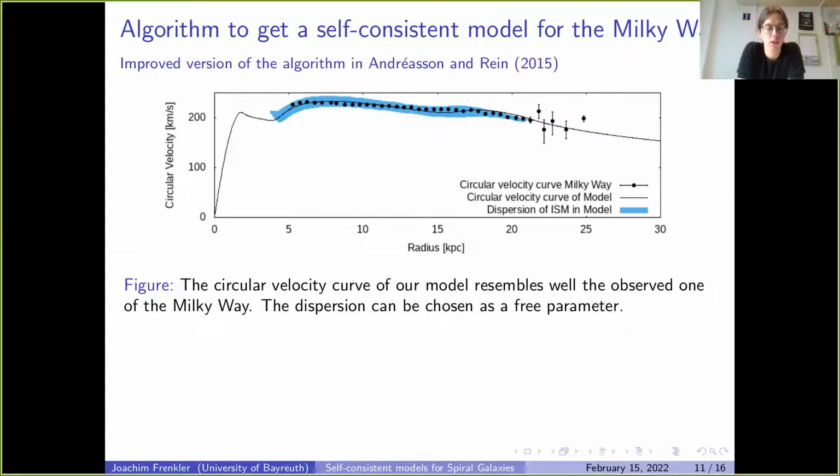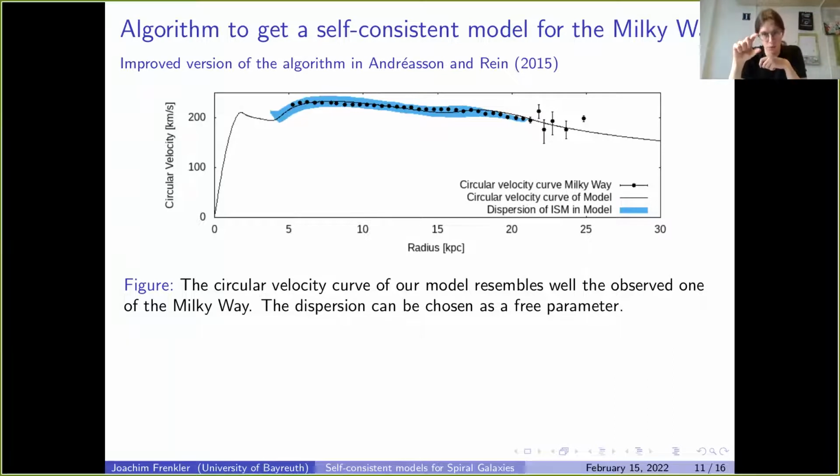Then with blue color, I have marked in this diagram the dispersion of velocities of the model. When you remember the cross-section from the beginning, this blue color marks the velocity with which the mass comes out of the cross-section and flies around the center of the galaxy.